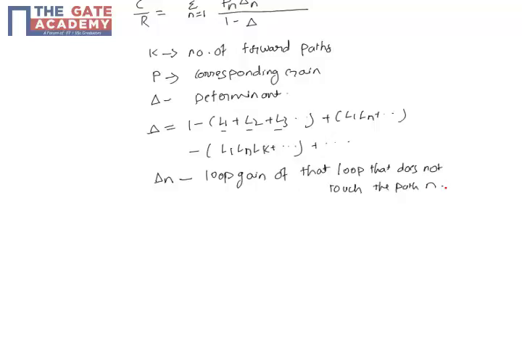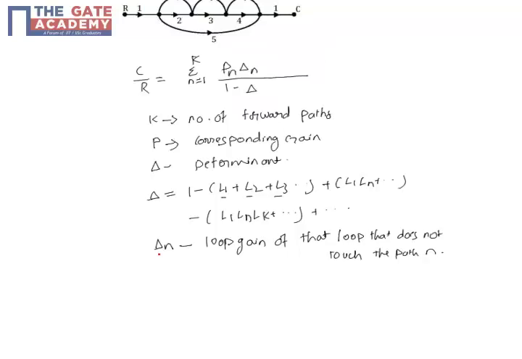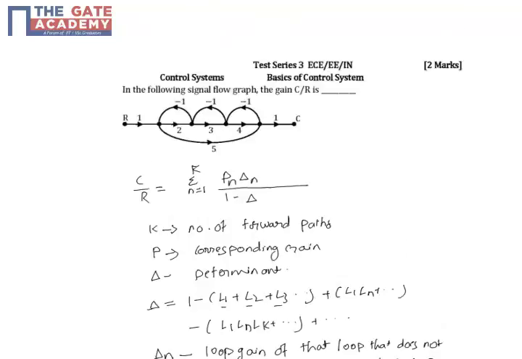This will be more clear once we apply it to our problem. Now, we can see in this graph there are two forward paths. One is along this straight line, which has a gain of 2 into 3 into 4. And then there is also this forward path, which is passing like this, which has a gain of 5.